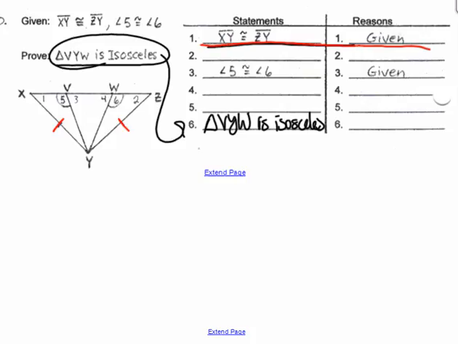Well, notice we have some sides here of a large isosceles triangle. So what I'm going to do is I'm going to say angle 1 and angle 2 are congruent by, if two sides are congruent, then base angles are. And that's your new reason from the front page.